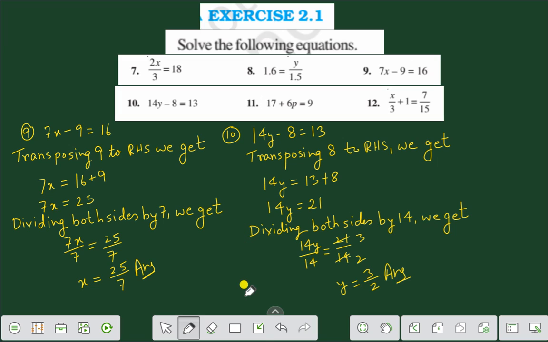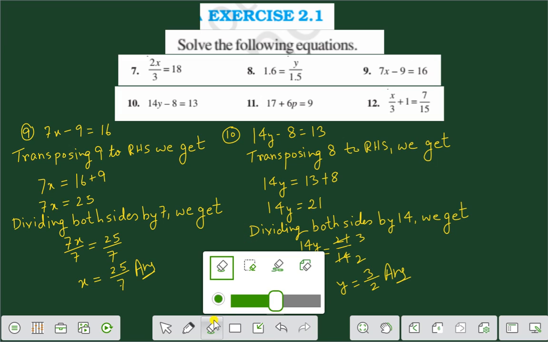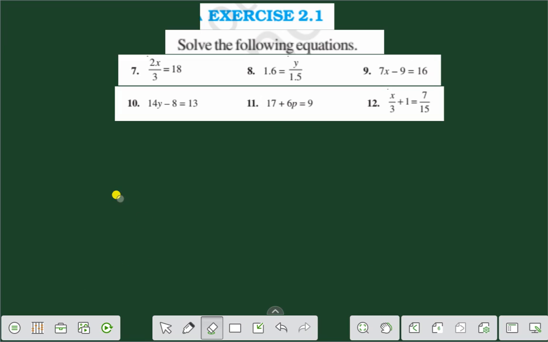Let's solve question number 11. Question number 11 is 17 plus 6b is equal to 9.